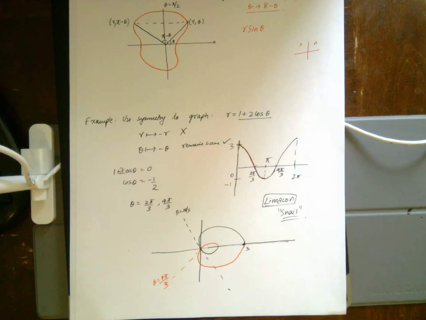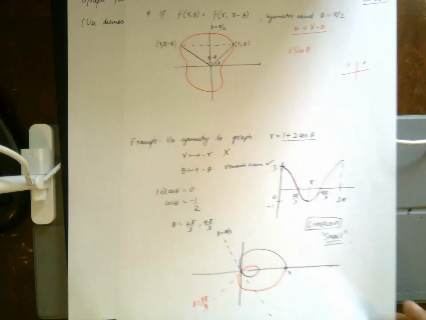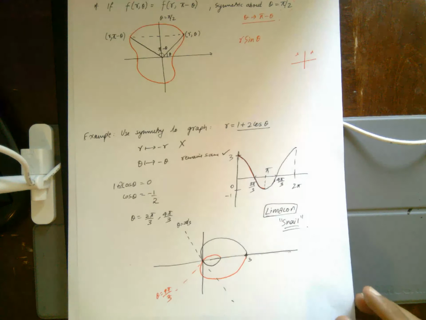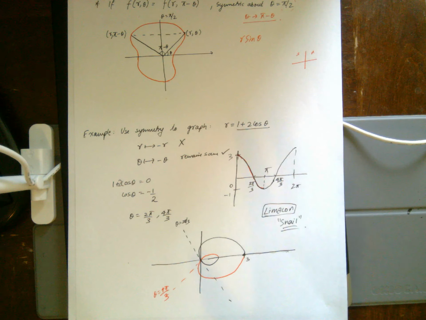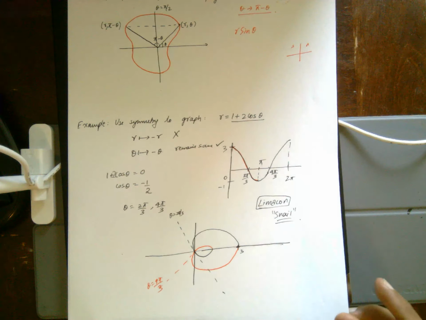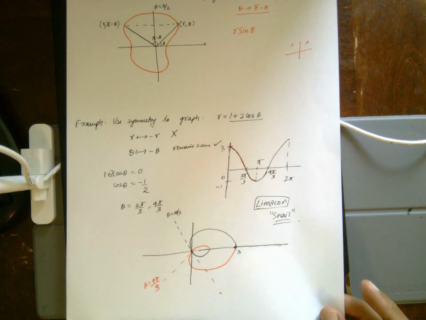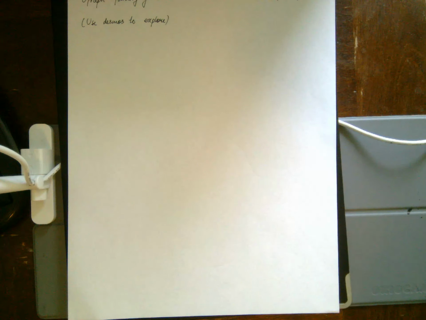So using the symmetry argument, what we get as a result of that is that you can basically just look at halfway through, and you can take reflections to get the final curve. Okay, the next example is a family of curves. So I'm going to stop this video here and then do this particular exploration in the next video.